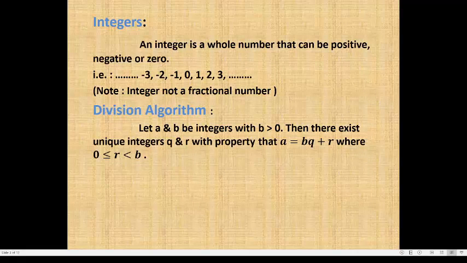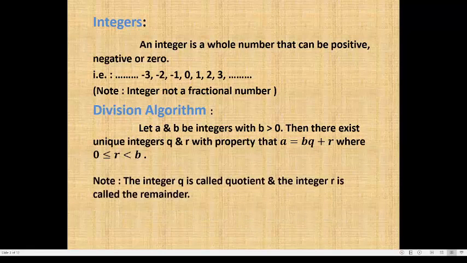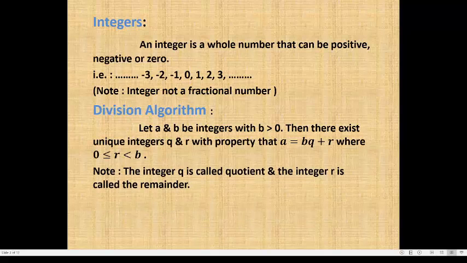Then there exist unique integers q and r with the property that a equals b times q plus r, where 0 less than or equal to r less than b, but exclude b. That is, r lies between 0 and b but excludes b. Note that q is the quotient and r is the remainder.